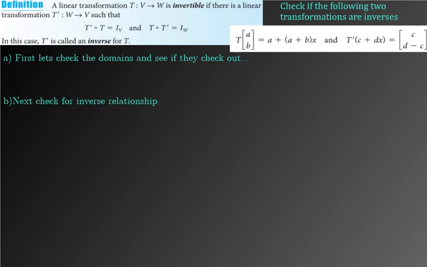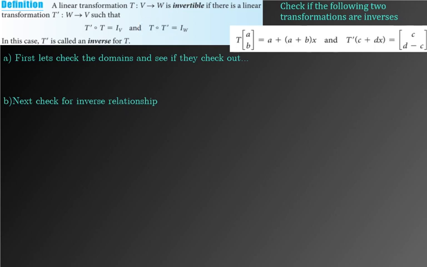So one of the most important things that you want to make sure with checking inverse transformations is domain and ranges all line up. So one thing to check is that if we do T then T prime and T prime then T, everything will kind of make sense, right?